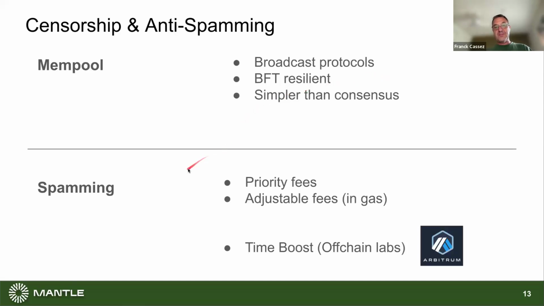To protect from spamming, there are a few solutions already, I think, because it's not something that's specific to our design. It's something that, of course, every chain and rollup has to deal with. You can have adjustable fees, priority fees, or a mechanism like time boost. So, for instance, pay some fees, or make sure that the price of submitting, let's say, 100 similar transactions is the same as the price of submitting one transaction.